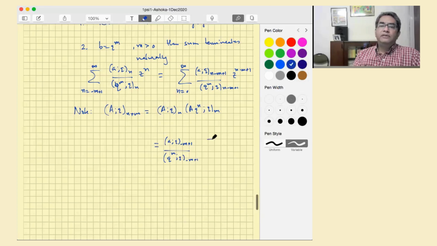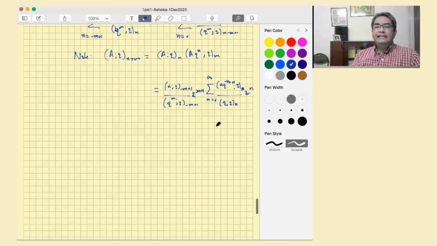These do not depend on the sum. And there is a z term here also, z raised to n. And then this sum you've already found.